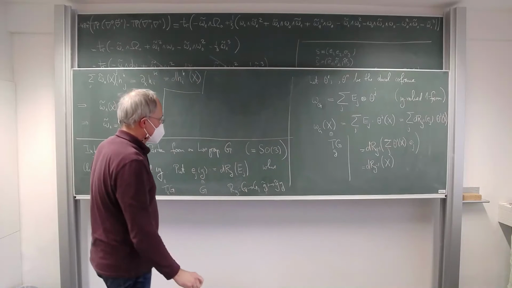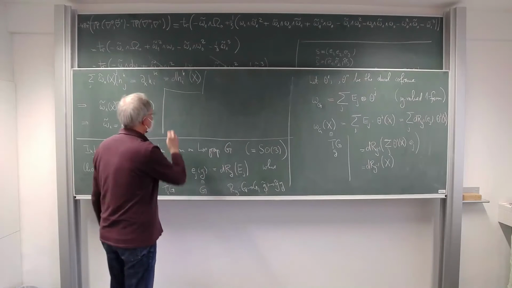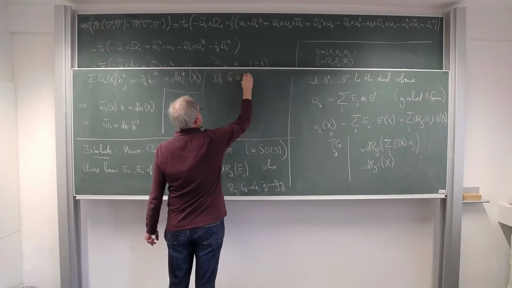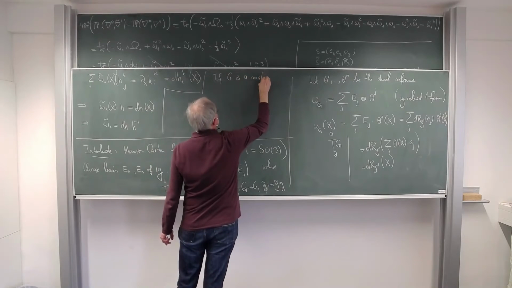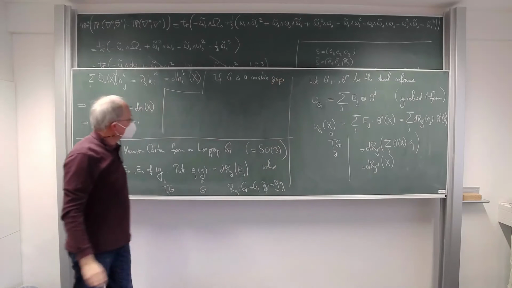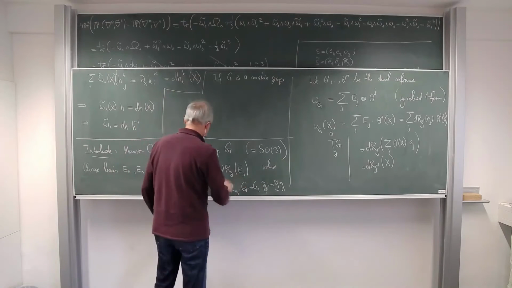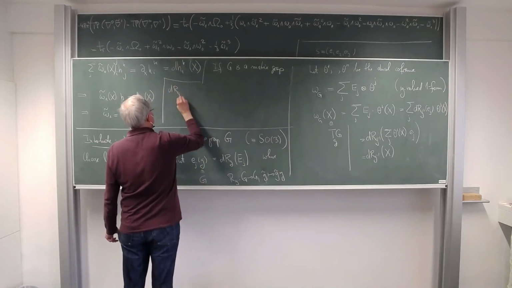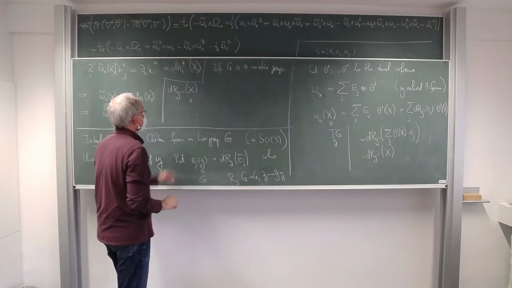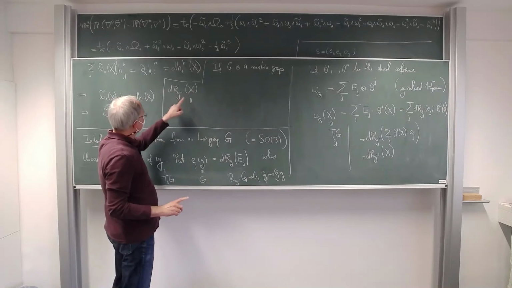Let's look at the form. So if G is a matrix group, then the differential dR_{g^{-1}} of X, and let me write this as, so that's a tangent vector to the Lie group at the point g.